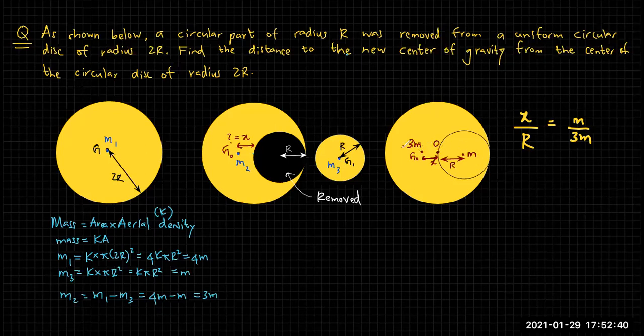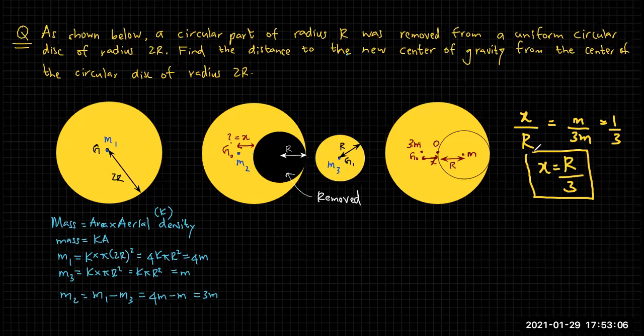When you put 3m and m together, you will get the first circle once again. So when 3m and m are put back together, this is the combined center of gravity. So from the combined center of gravity, x to r should be m to 3m, therefore it is 1 over 3. So finally x will be equal to r by 3.